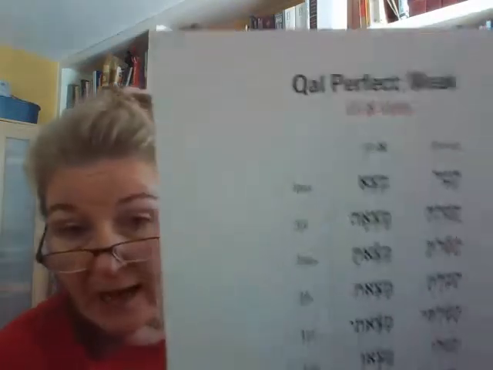So the goal is not to get you to memorize a million things. The goal is to get you to memorize what you need, and then know the rules that govern the changes in the other paradigms. And that will save you a great deal of time and will also facilitate your ability to learn Hebrew. Now, the next weak Qal verb that we're going to look at is the third aleph.